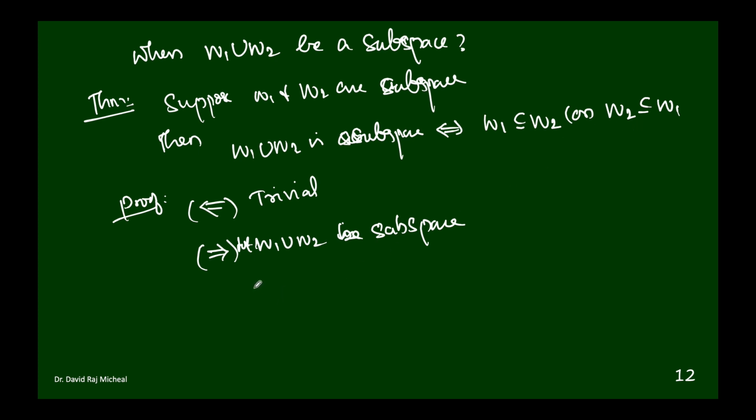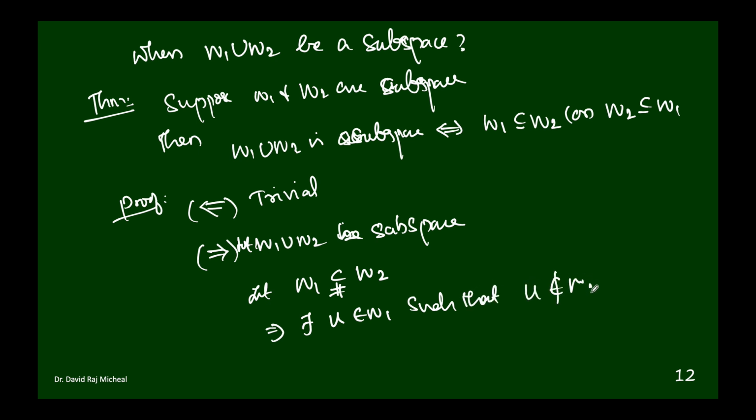Let's say W1 is not contained in W2, which means there exists one U in W1 such that this U is not in W2, correct?